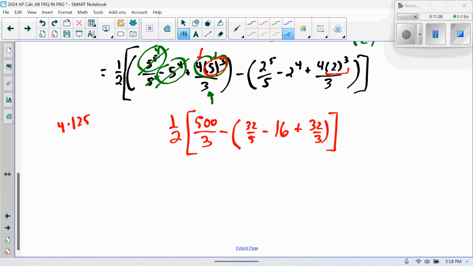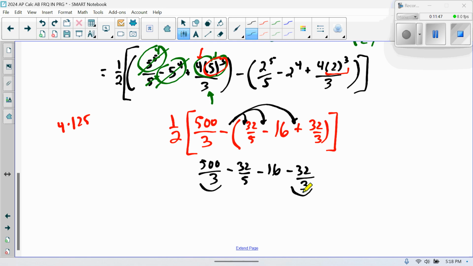So what I'm going to do is, I'm going to distribute this minus sign to make life easy. I got 500 over 3 minus 32 over 5 minus 16 minus 32 over 3. I can combine these two right here.